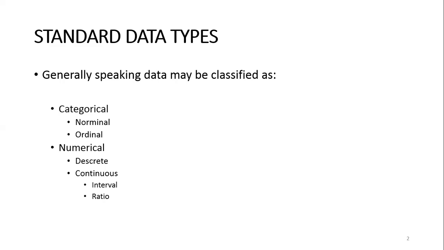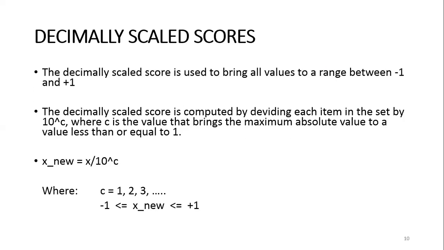Then we have continuous data. Under continuous data, we have the interval and the ratio data. Ratio data has absolute 0. Interval data does not. Okay. I believe this is more or less revision for those of us that are in class right now.